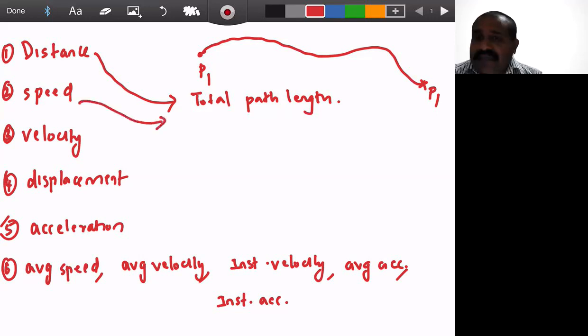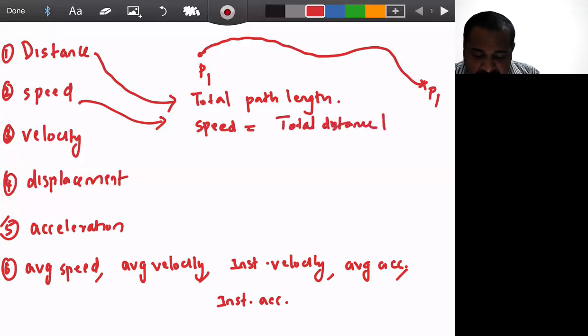Now, what is speed? We know that if a particle is in motion, how do we identify the motion? If the position of a particle changes with time, then we can clearly say that the particle is in motion, right? So speed means the total distance traveled by a particle divided by the total time taken for that travel.